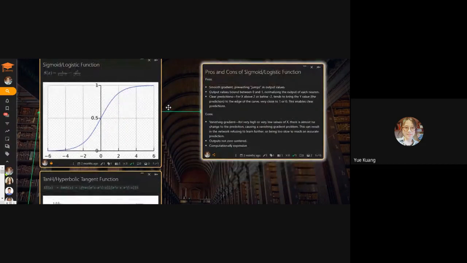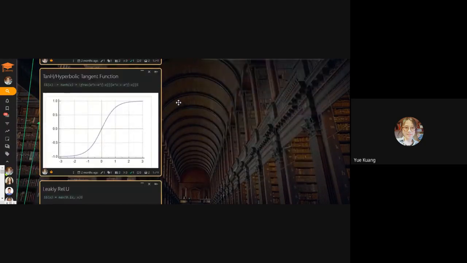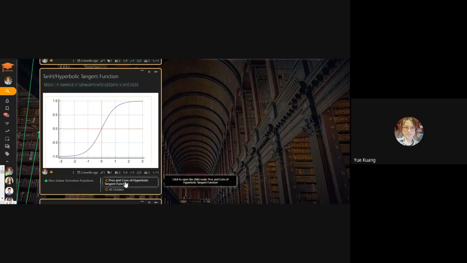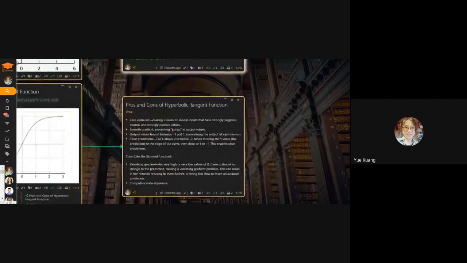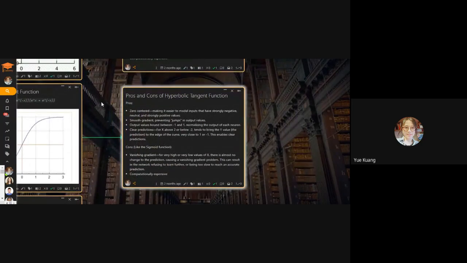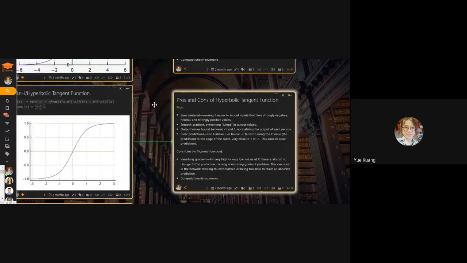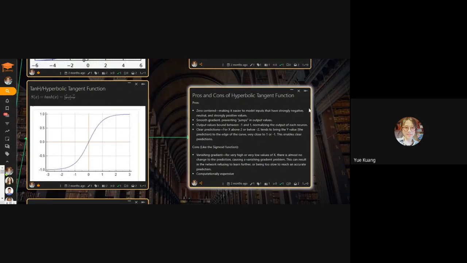Okay, so next will be the hyperbolic tangent function. You can see that this function is zero-centered, making it easier to model inputs that have strongly negative, neutral, and strongly positive values.